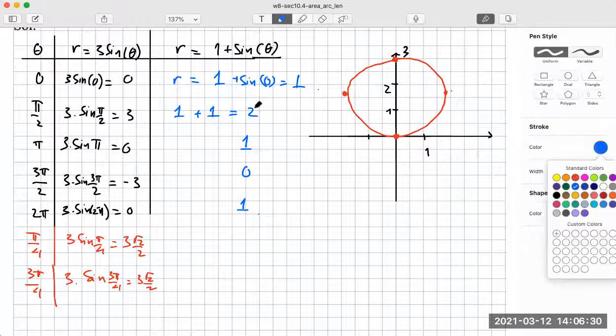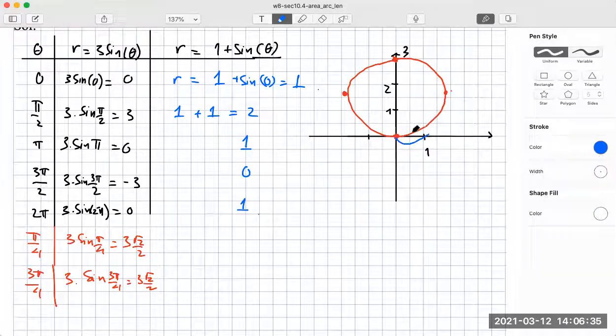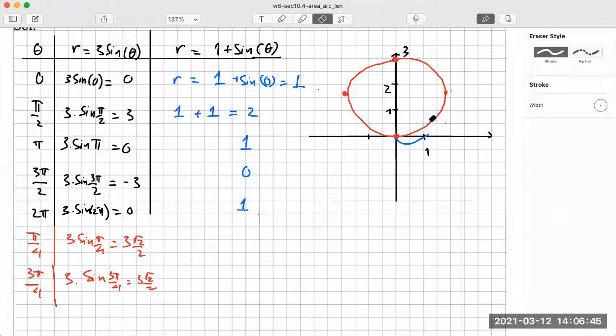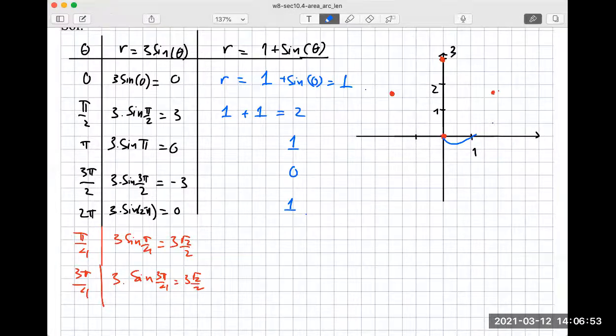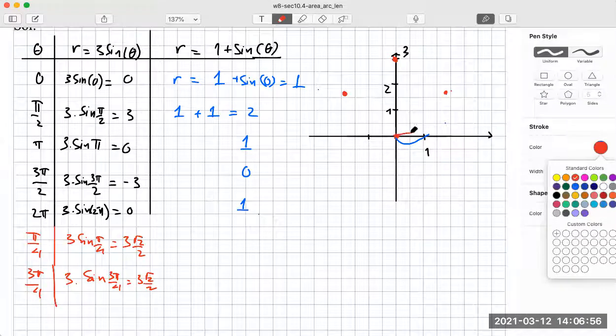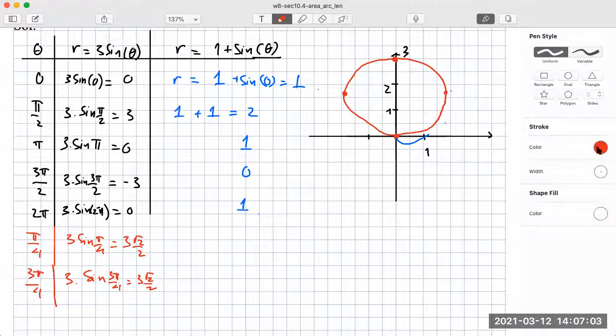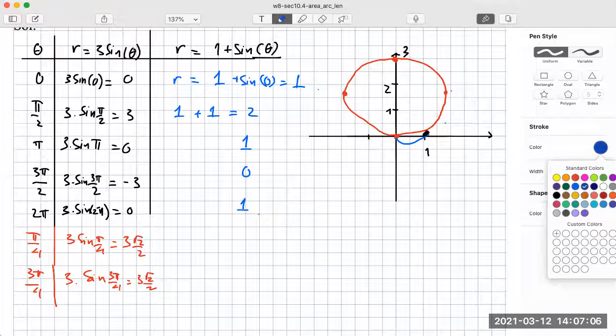And the cardioid here, we have done that many times. We have shown that at pi over 2, it is 2, right? So it cuts at pi over 6. Oh, it's not a good graph. The lines should be somewhere here. Imagine it is a circle.